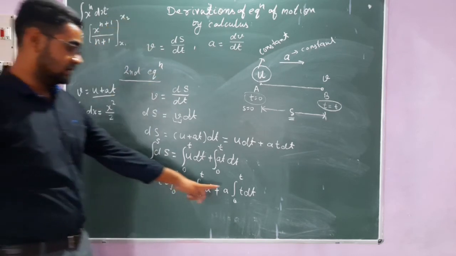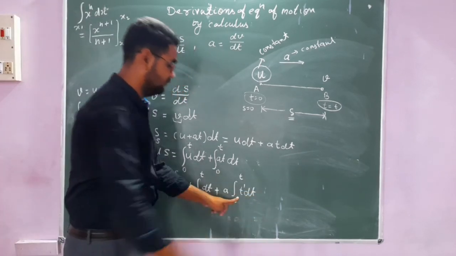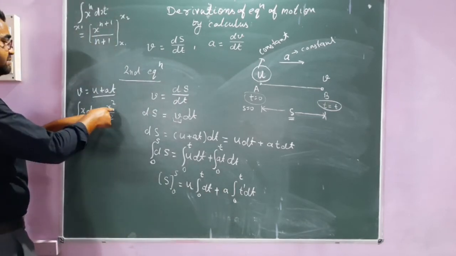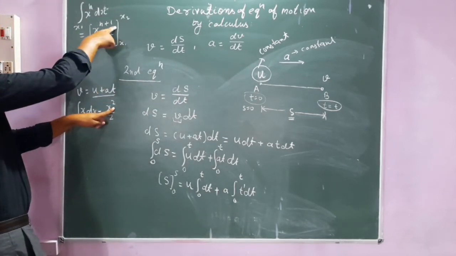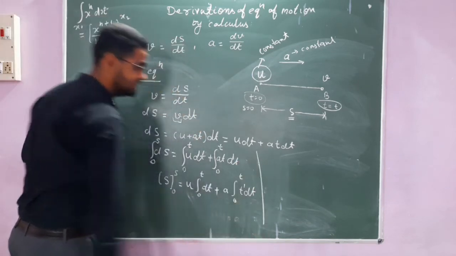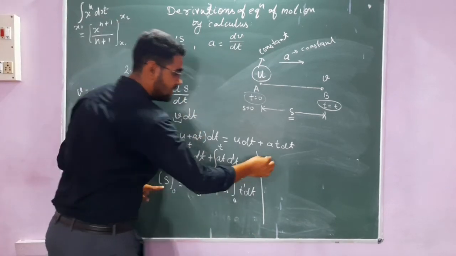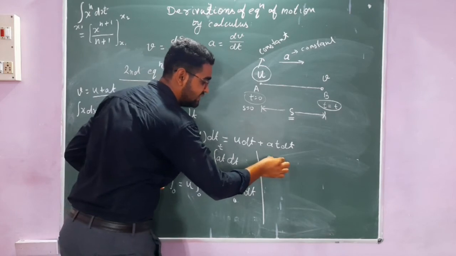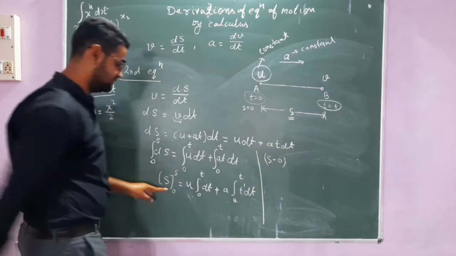So here the power of t is 1, then t to the power 1 plus 1, that is t square, divided by 1 plus 1, that is 2. On simplifying, on applying limits, the upper limit is s, lower limit is 0, this will be s minus 0.